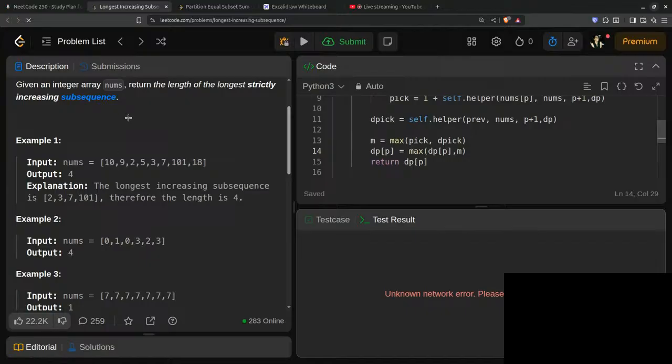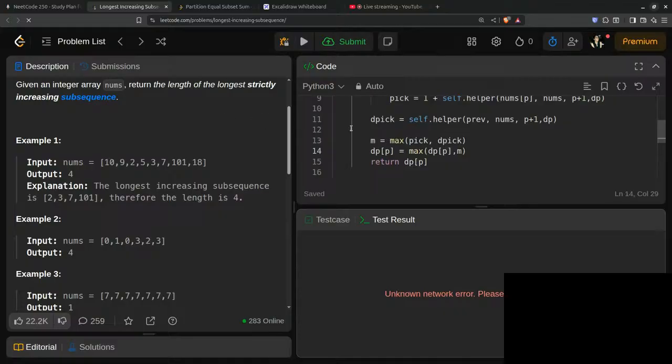So LIS 0 is going to be 1 plus LIS 1. Okay, how about we just write it down? Let's say LIS 0 is going to be the max of LIS 1 plus 1, or LIS 1. Is this correct?